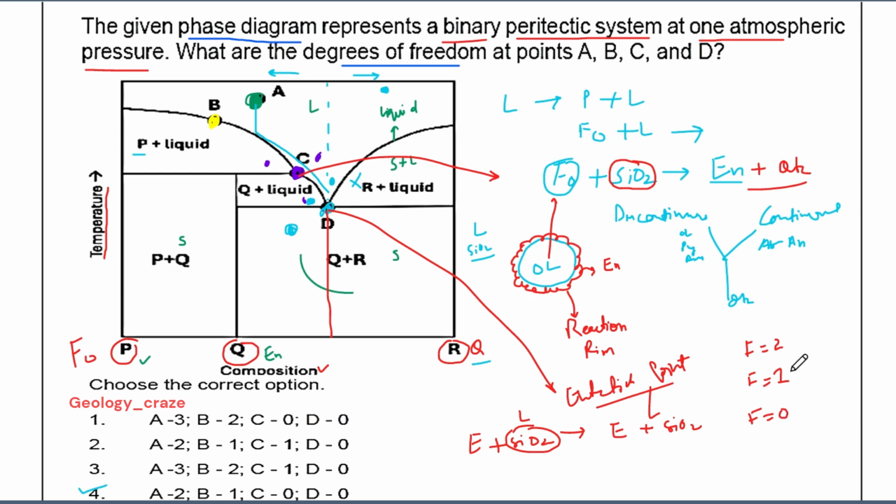If F is equal to 2, both temperature and composition can change. If F is equal to 1, only one thing can be changed. If F is equal to 0, we cannot change anything in this system: we cannot change temperature, and we cannot change composition either.